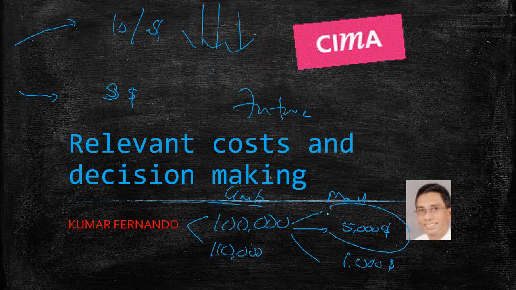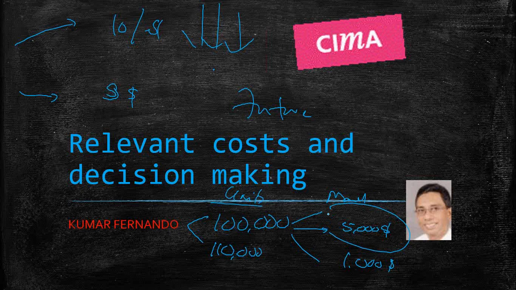If you sell 0 units, I will pay you $5,000 salary. If you sell 10,000 units, I pay $5,000 salary. If you sell 100,000 units, I pay $5,000 salary. But I tell you, Sam, if you sell 110,000, I'm going to pay you $5,000 salary plus $1,000 commission.